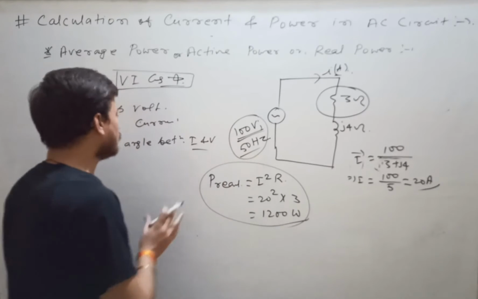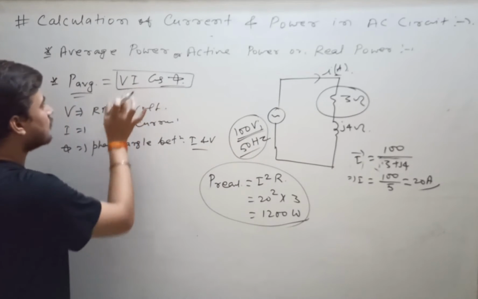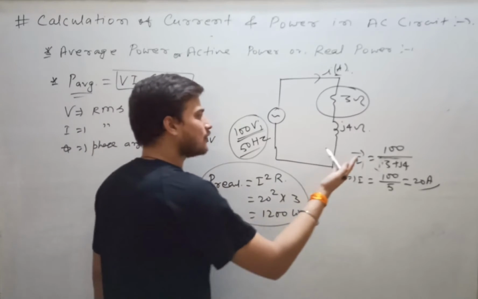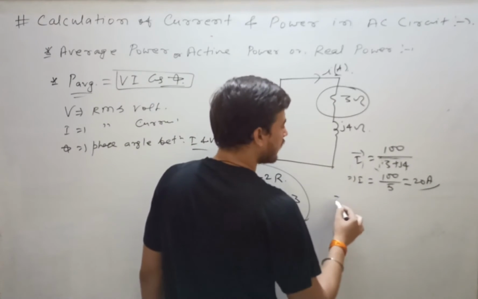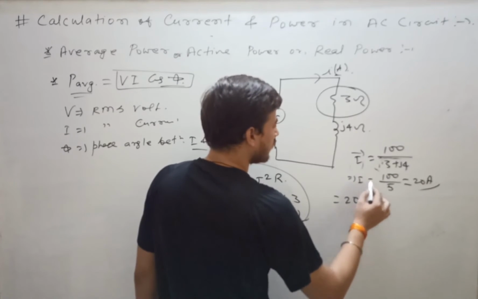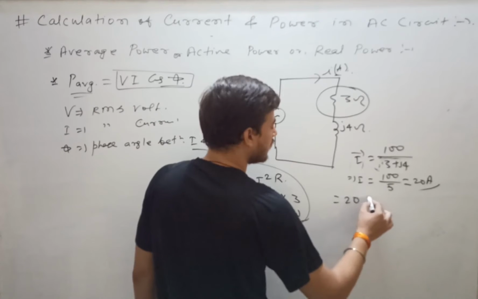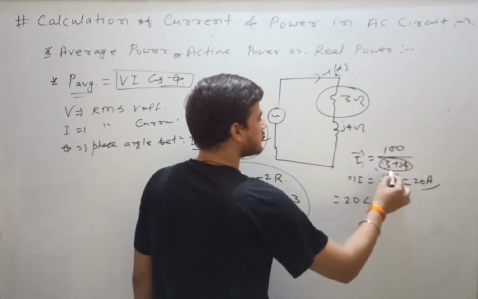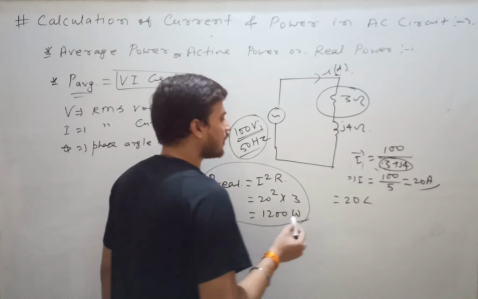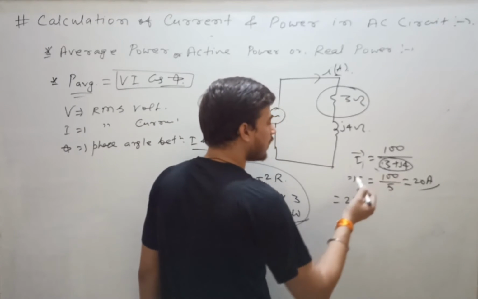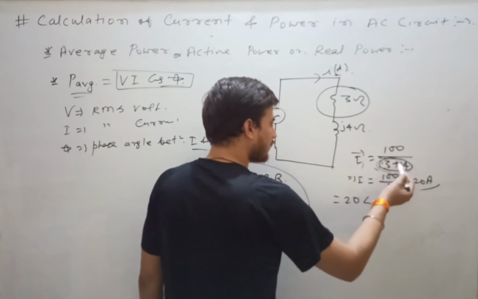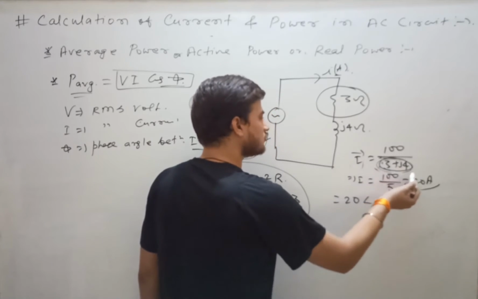If you go by the other method, V I cos phi, what will you have to do? Here you have calculated the current. The value of current is 20 at the angle of 1 upon (3 plus j4). You will have to find the angle of this one, and since the angle is in the denominator, when you write it in the numerator it will become minus.